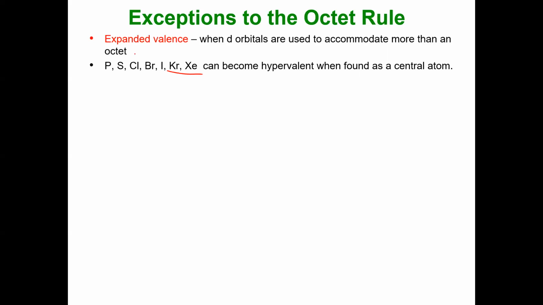Now with chlorine, bromine, and iodine, if they're an outer atom, they're going to follow the octet rule. They're going to be happy just having the 1 bond and 3 lone pairs. So really, you're looking at this expansion of the octet when it's a central atom in the third energy level, principal quantum number 3, period 3, or beyond.